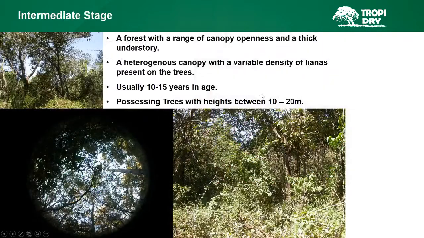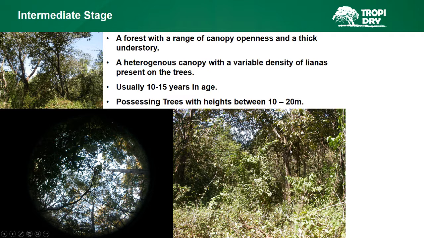So the intermediate stage, you can start to see here that you're getting more developed canopies. A lot more leaf cover and shading is occurring in the understory. And you can even see in this picture here that you start to get these thick vines starting to crawl up the trees.